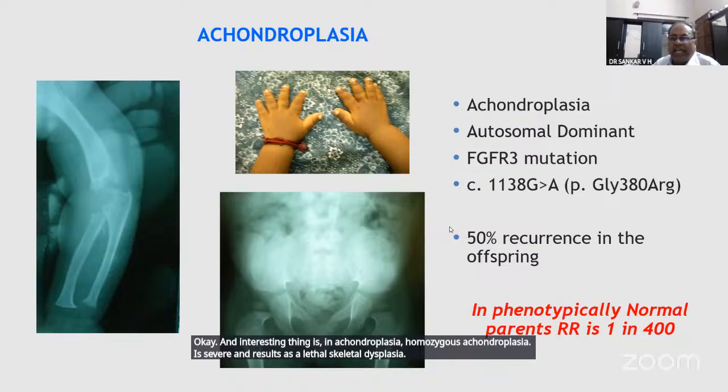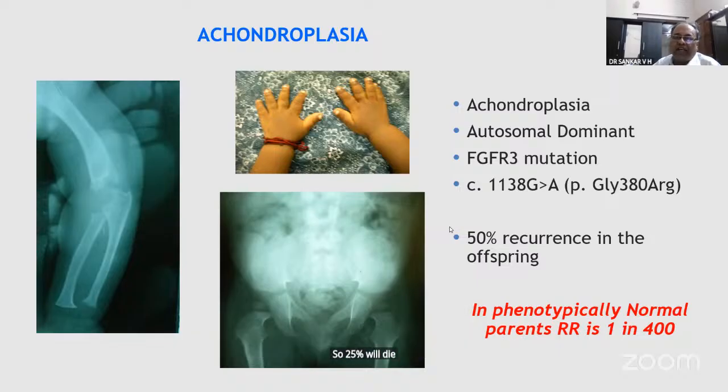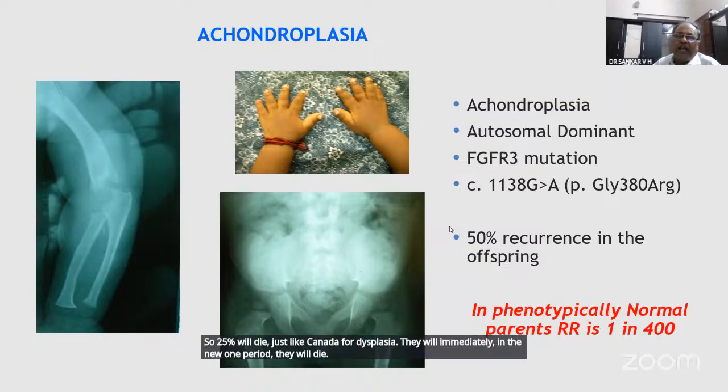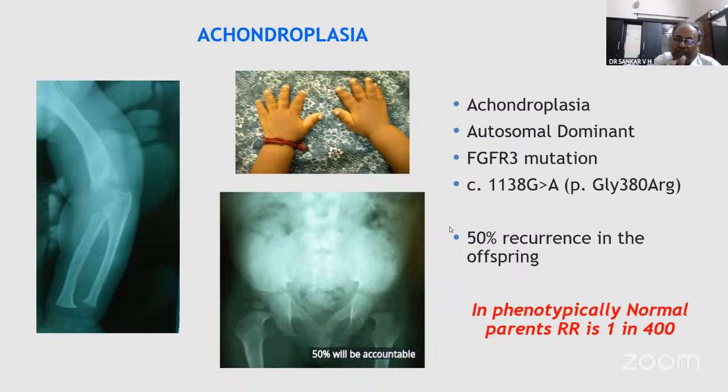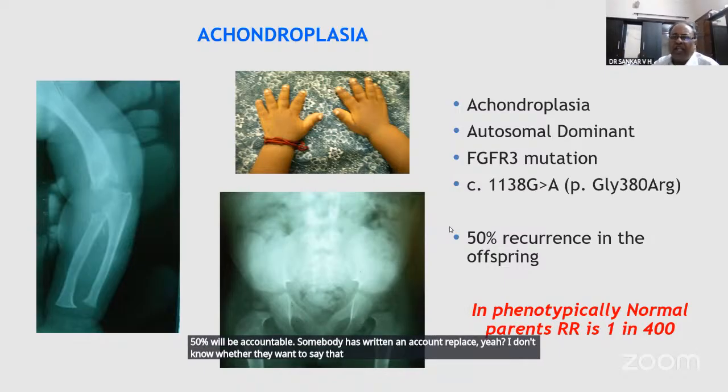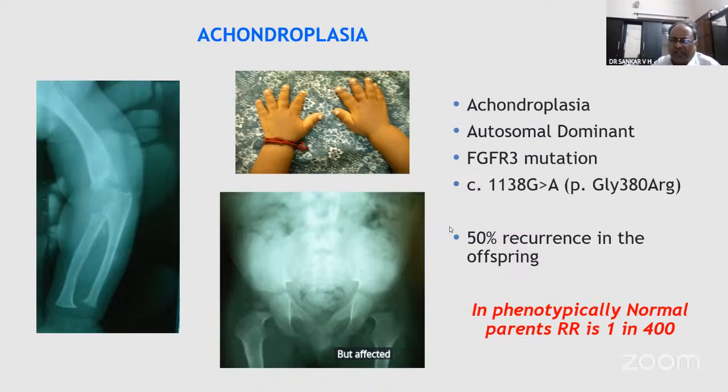So 25% will die, just like thanatophoric dysplasia, in the newborn period. Somebody has written achondroplasia 50%, but affected babies are basically 75%. 25% is homozygous, they will die in the newborn period. 50% is standard achondroplasia.